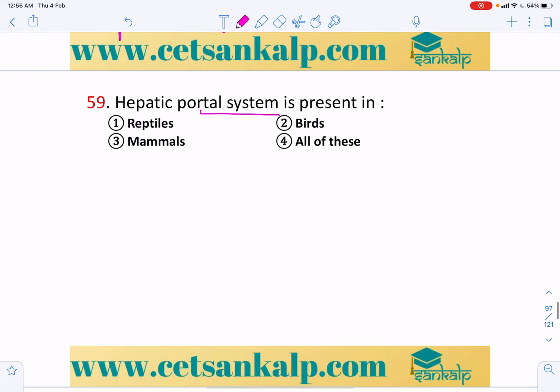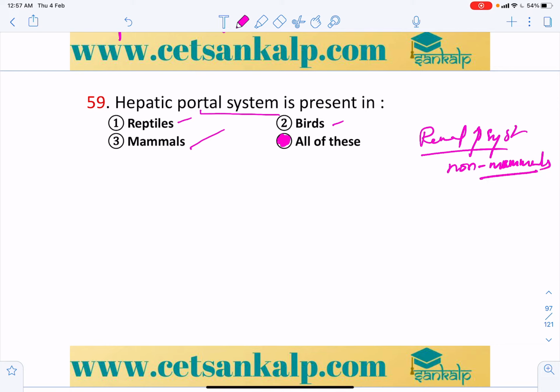Hepatic portal system, as we know, we have already discussed this. The hepatic portal system is present in reptiles, mammals, and birds, whereas the renal portal system, this is very, very important, is present only in non-mammals.